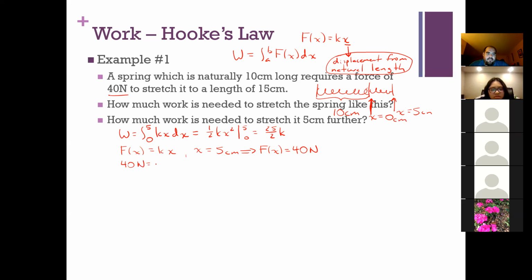So 40 newtons equals K times 5 centimeters. And that means K is equal to 8 newtons per centimeter. If we wanted to, we could have converted this all to meters because that's what we're used to.